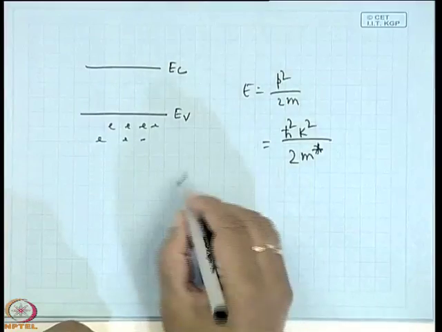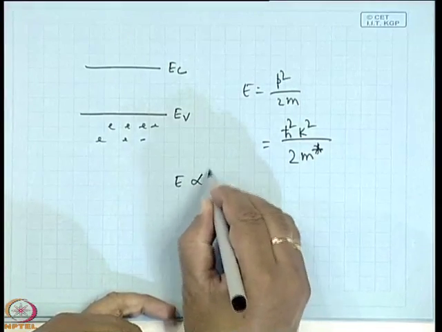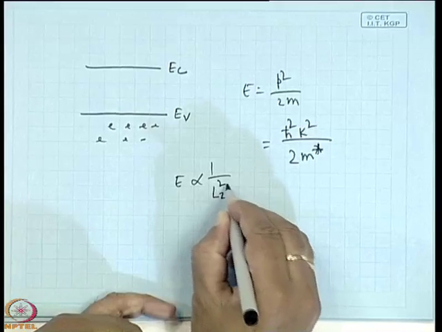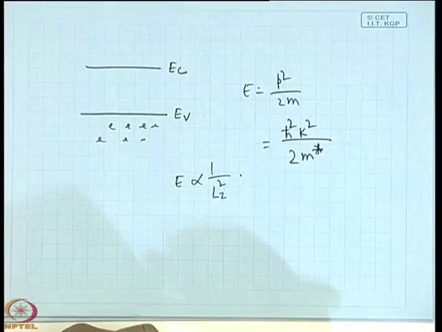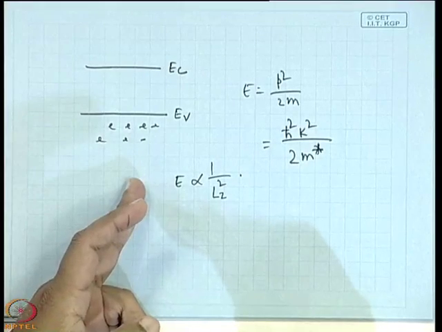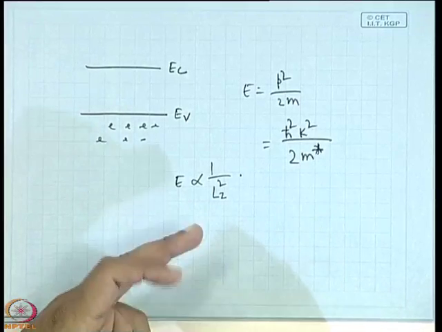And many properties, I shall show you some of them in our lecture, are changed. One thing is that the energy becomes proportional to 1 by Lz square.